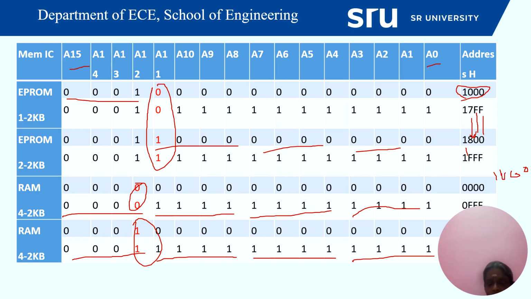So in this way, the select value will be taken from these address lines itself, because unused lines will be used for chip select.